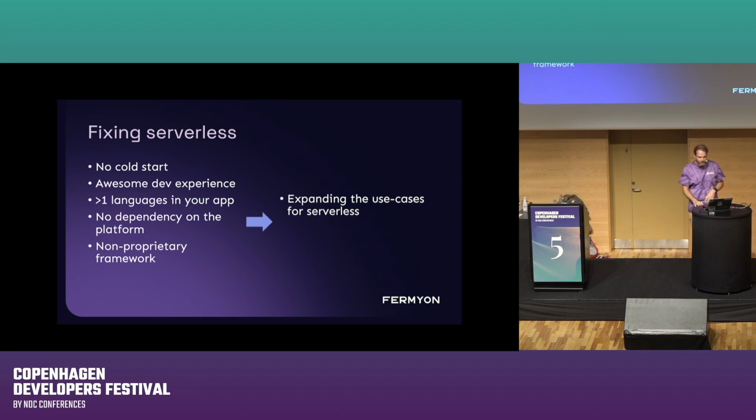And what that leads to is the use cases for which you can use a serverless framework just expands beyond imagination. There are probably limits. We haven't found them yet, but just don't think about using Spin in comparison to using Lambda. Think about using Spin to write your applications.